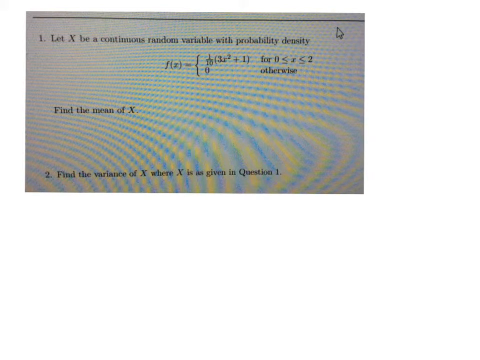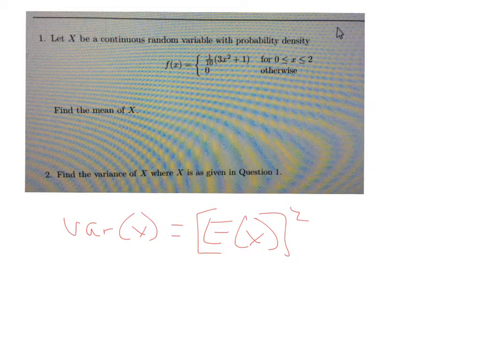What I was trying to explain about number 2 is that if you're finding the variance, then you were going to use that formula that I gave you, which was E of X squared, so the expected value basically squared, minus E of X squared, like that, okay?